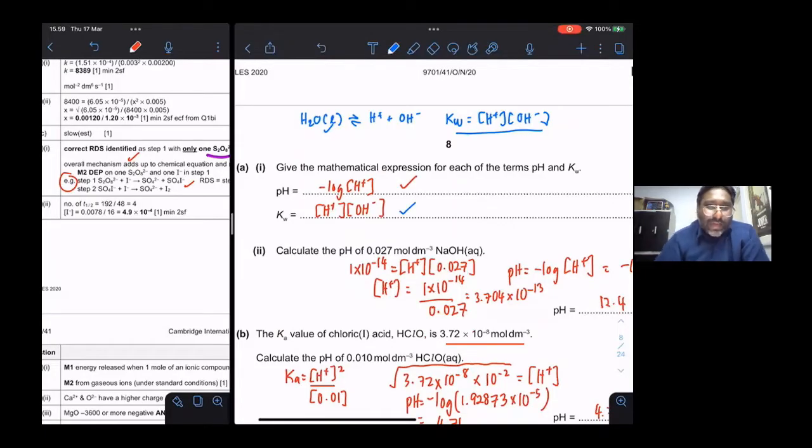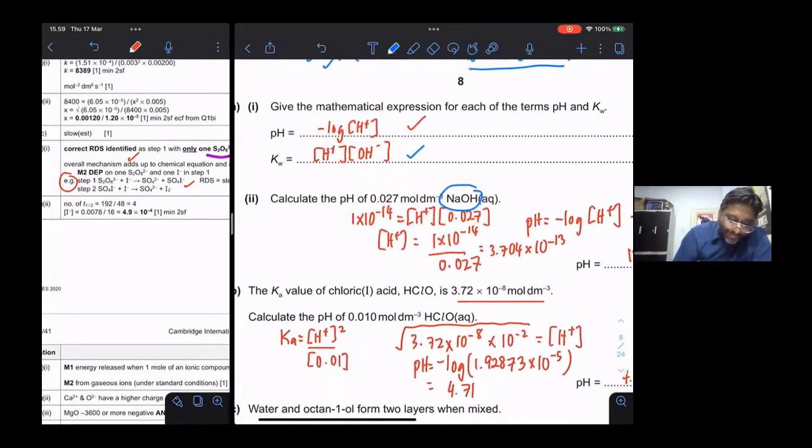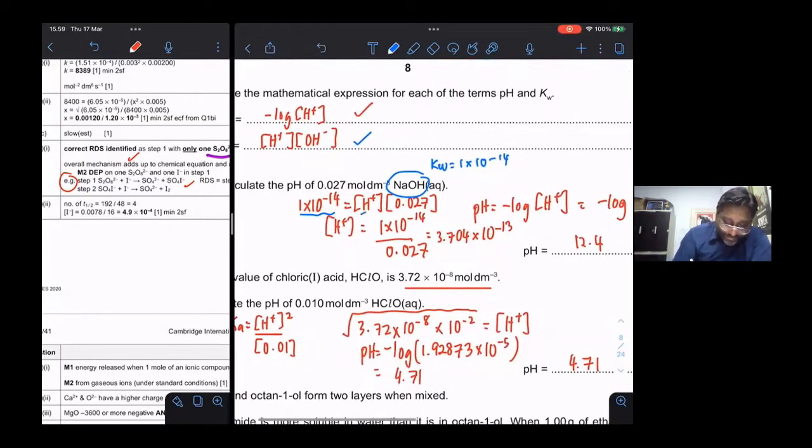Kw is the concentration of H+ times the concentration of OH-. Now calculate the pH of NaOH. Since we have the Kw, we know that for pure water the Kw is 1 times 10 negative 14. You can check from the data booklet. This one everyone should know. You can use the Kw in this manner. If you have this Kw of 1 times 10 negative 14, the H+ I need to find.